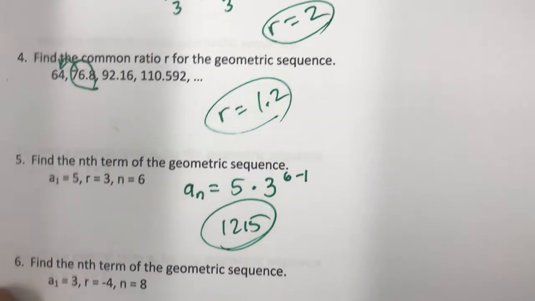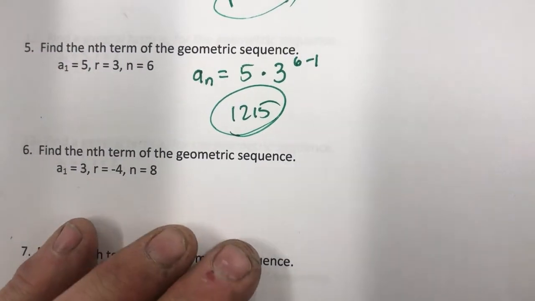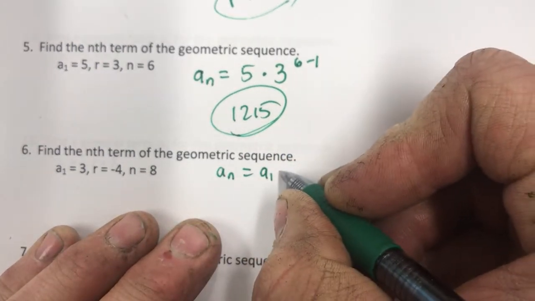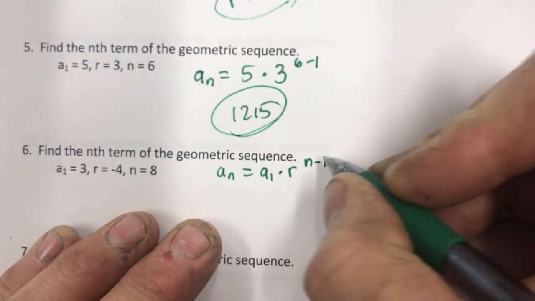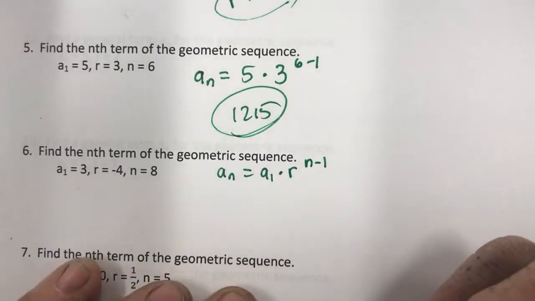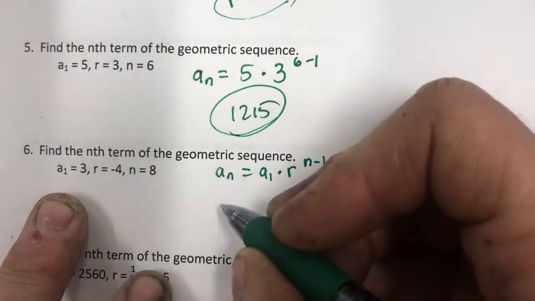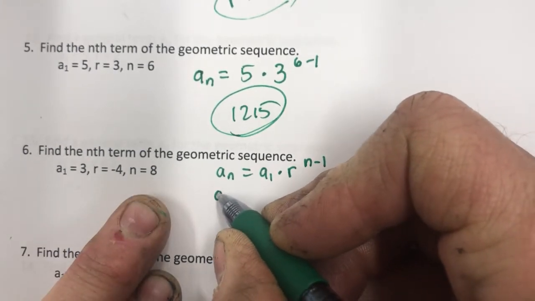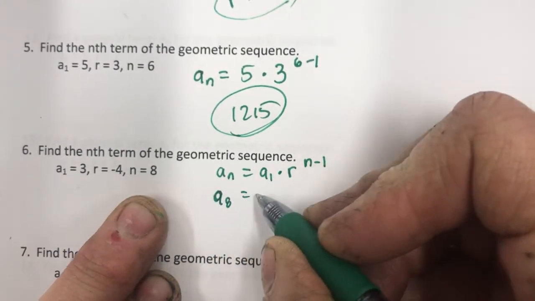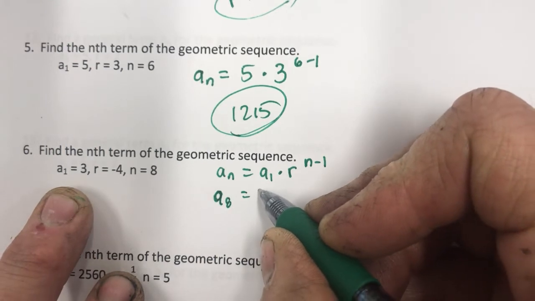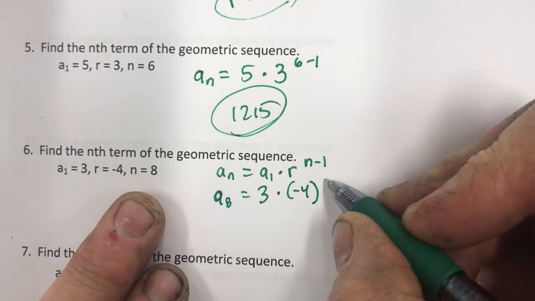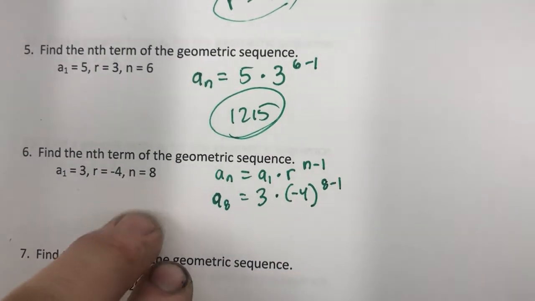Okay. Number 6, find the nth term here. All right, remember now, a sub n equals a sub 1 times r to the n minus 1 power. All right, so we want to find what the nth term here is, which is 8. So we want to find a sub 8, which is a sub 1, which is 3, times my r, which is negative 4, to the 8 minus 1 power.